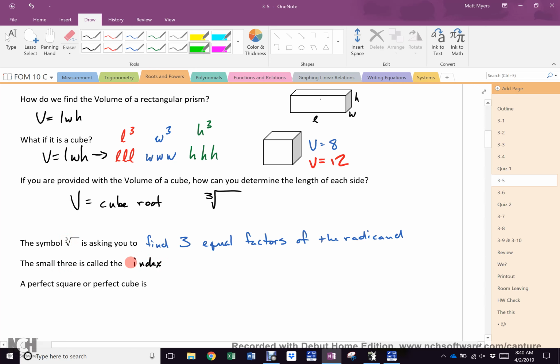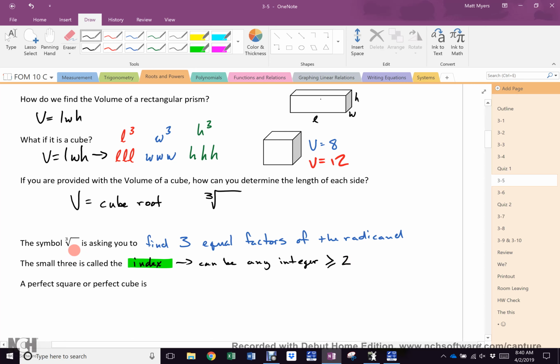And that's another new word. The index can be any integer greater than or equal to 2. It can't be 1, right? Because it's asking me to find factors, yes? And you must have at least 2 things to multiply, correct?